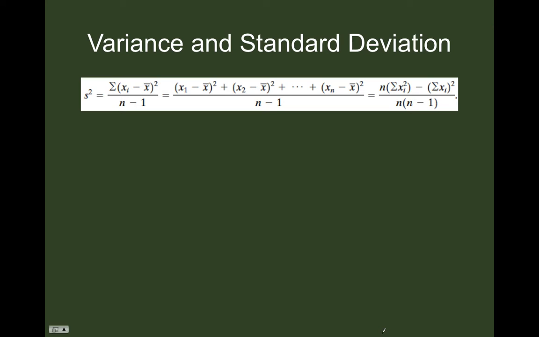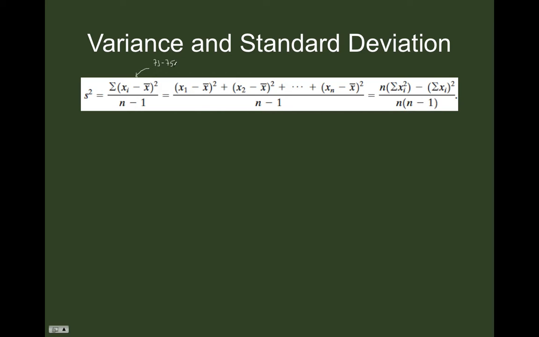And notice I've copied a formula right out of the book here. I want to talk about this formula a little bit. Notice in the numerator of the formula, within those parentheses, this is like the 73 minus 75, for the previous data set.